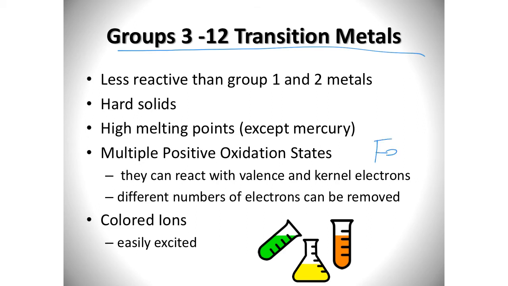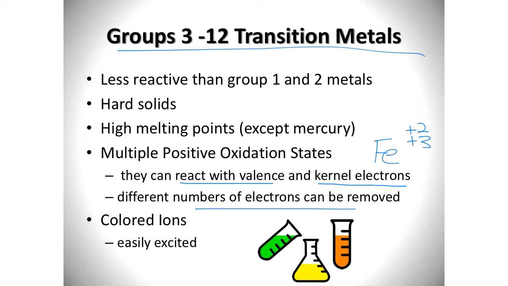So if you take a look at iron on your periodic table, you'll see it's given a +2 or a +3 as a possible oxidation state. And what that means is when it reacts, it can lose either 2 or 3 electrons because they can lose some valence electrons when they react and some inner electrons when they react.